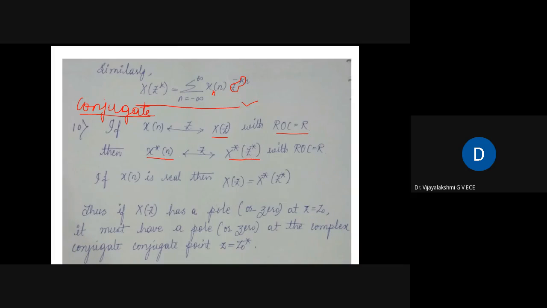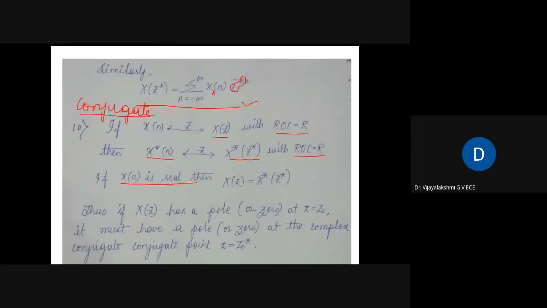Here if you take the conjugate, in the transform domain also it has to be the conjugate, x conjugate of z conjugate, but the ROC will remain the same. Now this results, x of z becomes x conjugate of z conjugate, only when the signal is complex in nature.